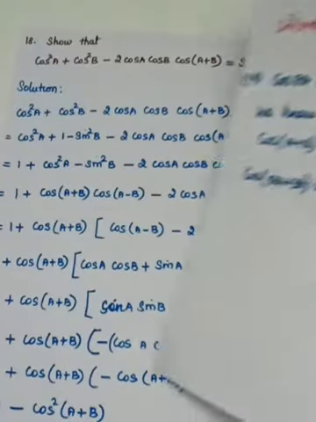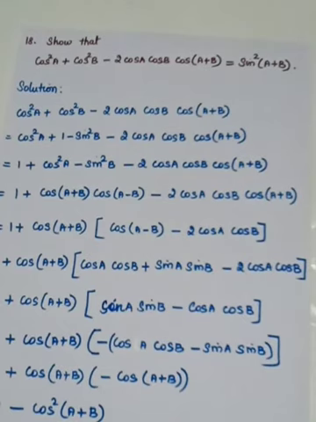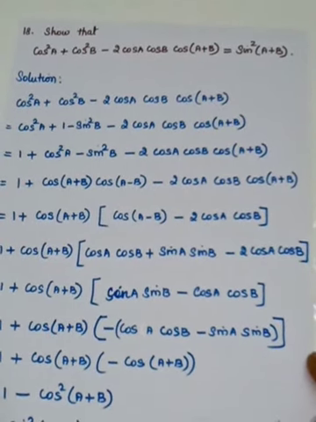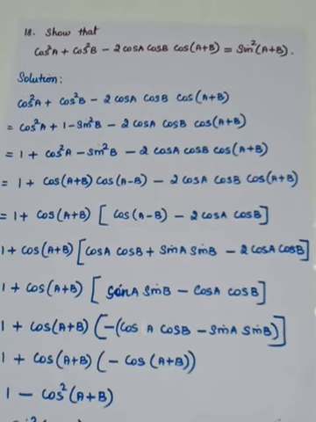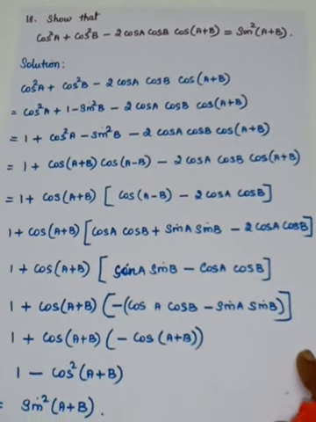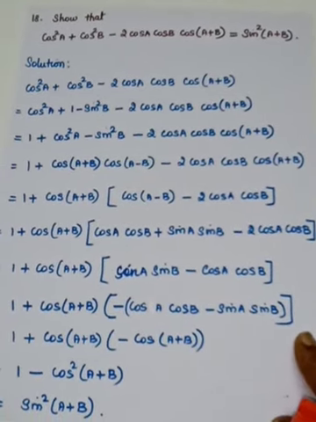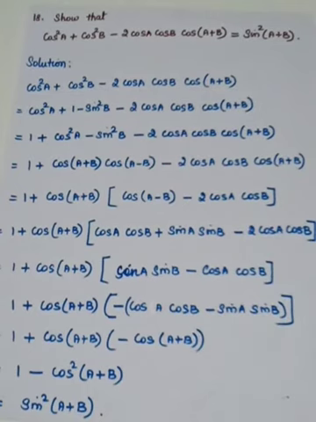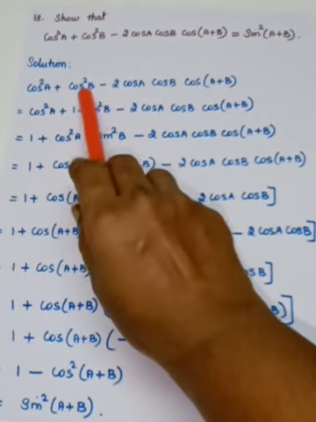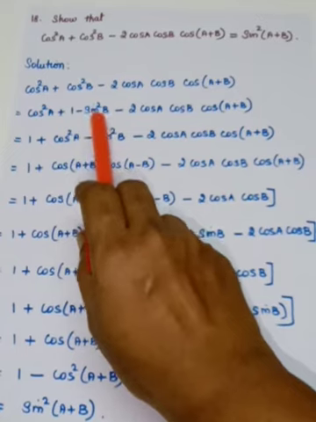Okay, so we'll come to problem number 18. What is it? Show that cos squared a plus cos squared b minus 2 cos a cos b into cos(a plus b) is equal to sin squared (a plus b). Okay, take the left hand side. What you are having? Cos squared a plus cos squared b minus 2 cos a cos b into cos(a plus b). So here cos squared b can be written as 1 minus sin squared b.